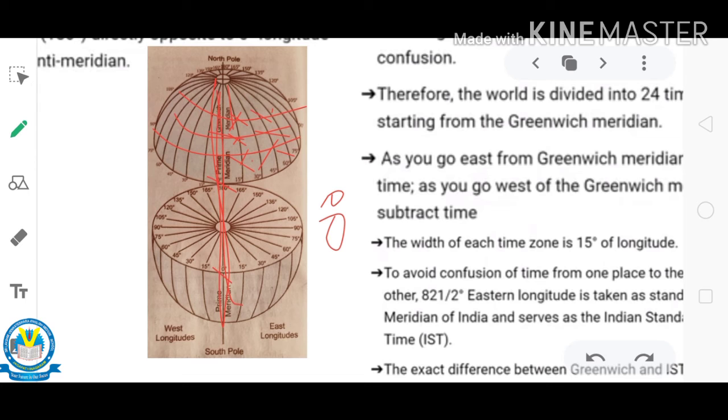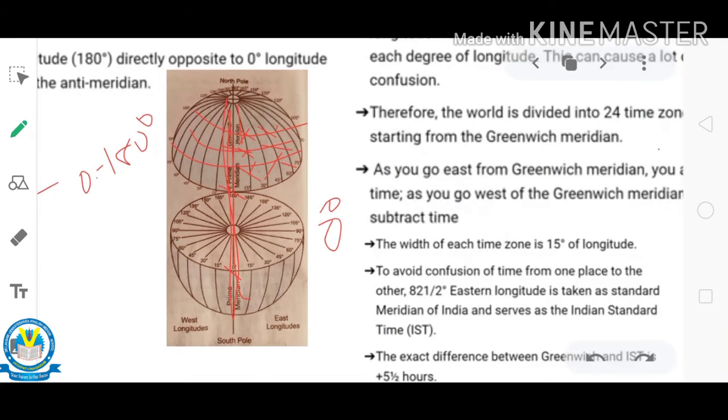There are 360 longitudes in two groups. One is 0 to 180 degrees going east, the east longitudes, and the other is 0 to 180 degrees going west, the west longitudes.